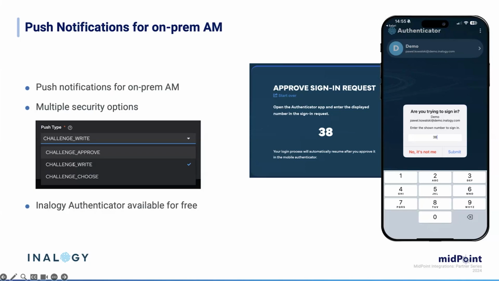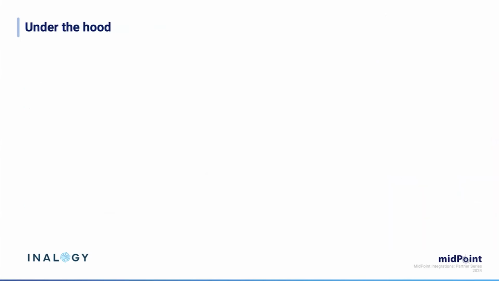It supports different levels of security. For example, writing the number, just approving the pop-up message, or choosing from three numbers. I believe you're familiar with this from other services. This authenticator of ours is available for free for Android in the Play Store and also for Apple in the App Store.